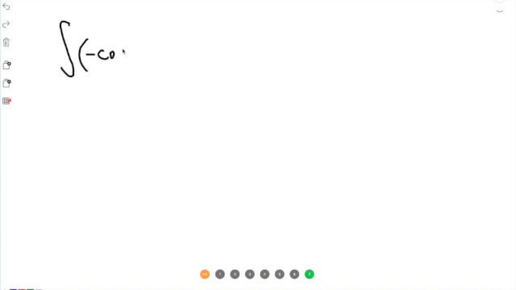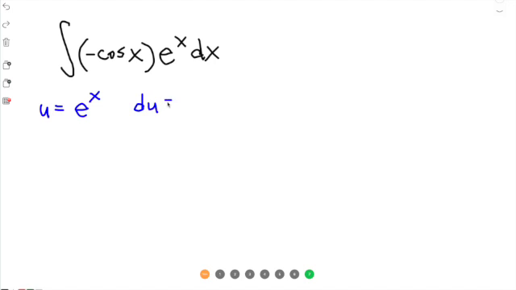So that is basically the integral of negative cosine of x e to the x dx. Again, we need to identify what is u. In this case, this is still exponential versus trigonometric. So our u would be e to the x, and the derivative of that is still e to the x dx. And the v would be whatever remains.